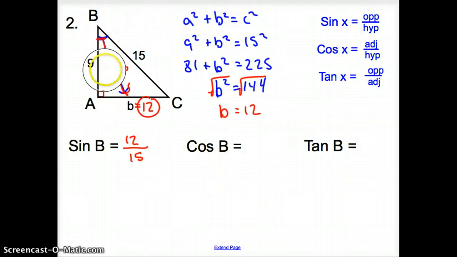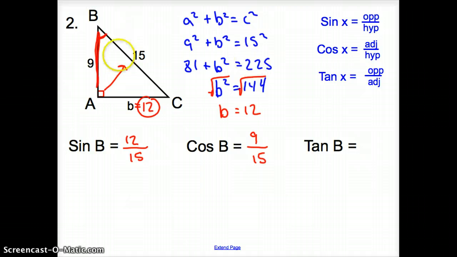Now cosine B. Cosine is adjacent over hypotenuse. What is my adjacent side from B? This is the hypotenuse, so this has to be the adjacent side. That is going to be 9 over, what is my hypotenuse? Always across from your 90-degree angle, so it's 9 over 15.